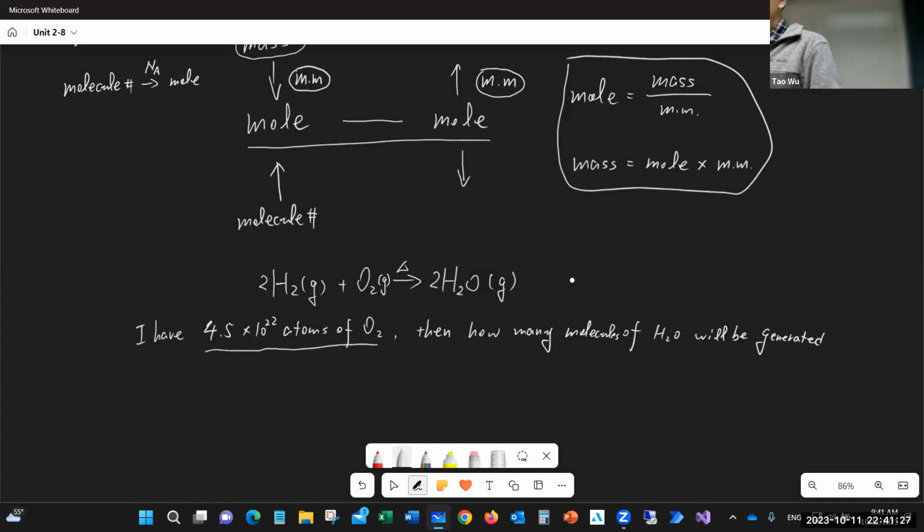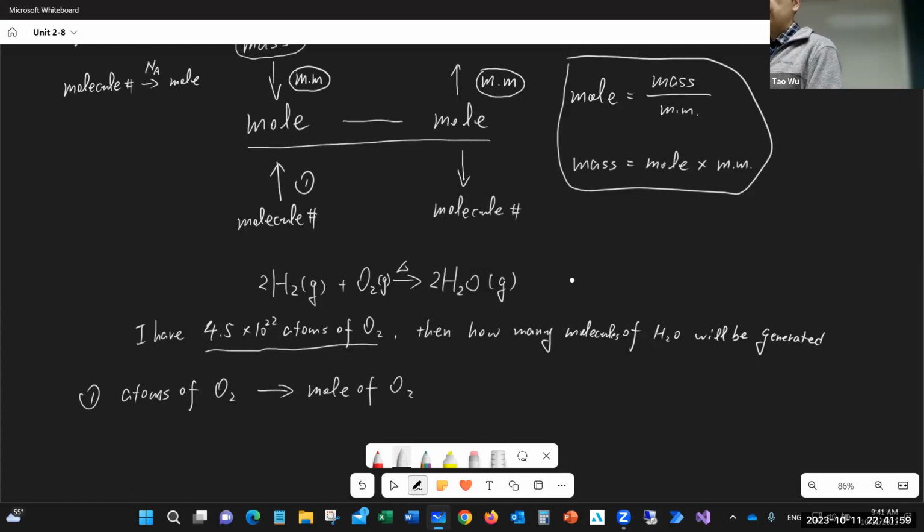So now you can do the three steps. The first step, you convert the atoms of oxygen to the moles of oxygen.